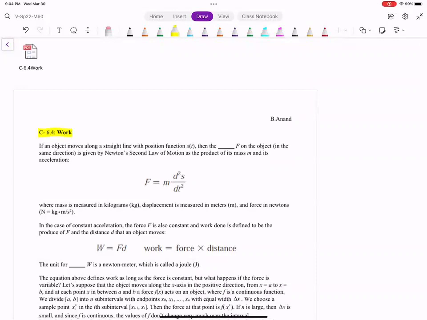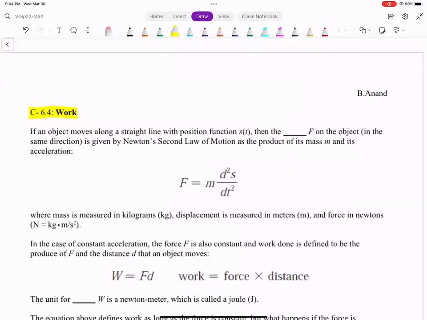If an object moves along a straight line with position function s of t, then the force F of the object in the same direction is given by Newton's second law of motion as a product of its mass and its acceleration.